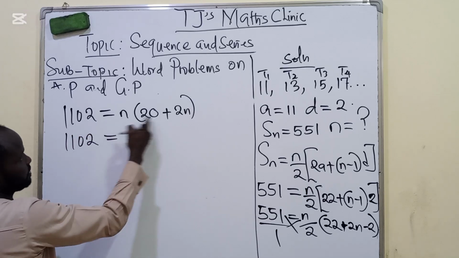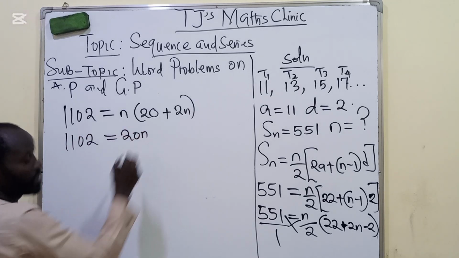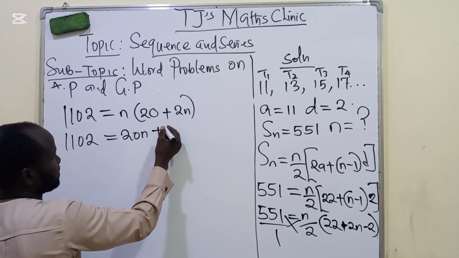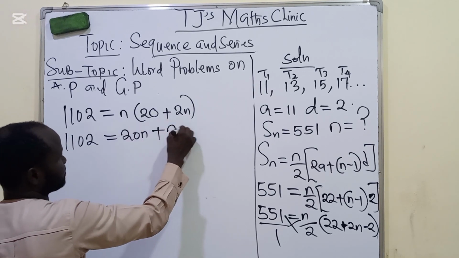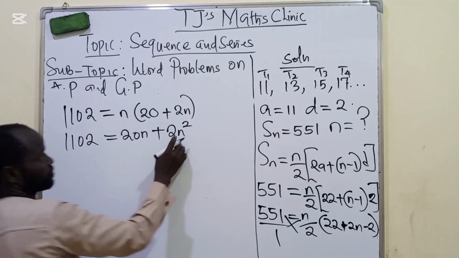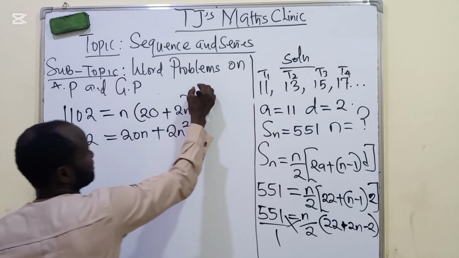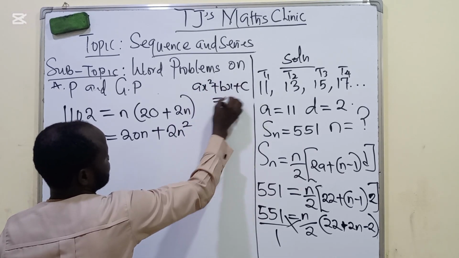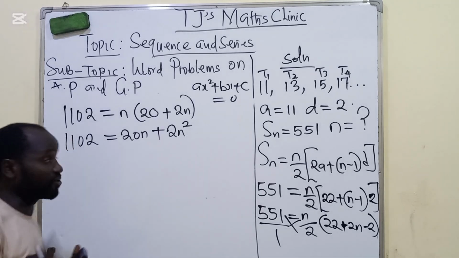1102 will be equal to n times 20, that's 20n. I hope we are together. Plus n times 2n, that will be 2n squared. Of course, this is quadratic. So let's rearrange, because a quadratic equation is of the form ax squared plus bx plus c equals 0, given that a cannot be equal to 0.